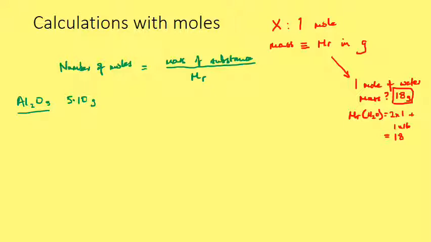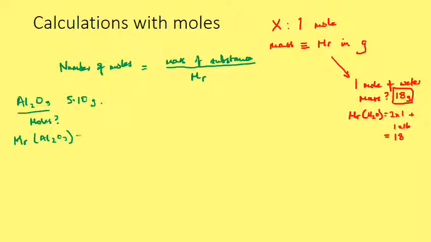So we've got a little sample, 5.10 grams of aluminium oxide, and our question is how many moles? Okay, so the first thing we want to do is work out the formula mass of aluminium oxide. I've called it formula mass because, of course, this is ionic.